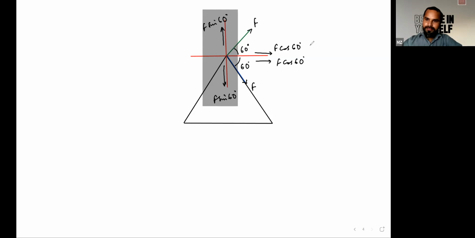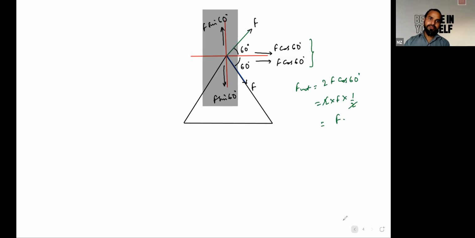So we're left with just these two terms. The resultant becomes 2 times F cos 60. Cos 60 is 1 over 2, so 2 and 2 get cancelled out. We're left with F only. So by this method, we can also solve for the resultant force acting on the charge placed at A. Okay. Yes, sir.